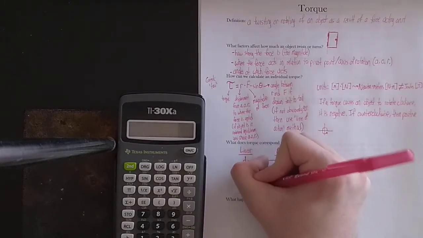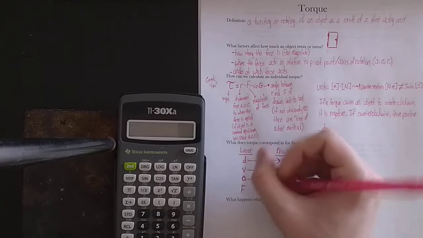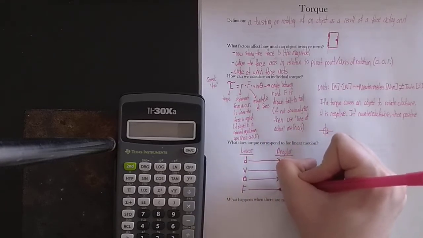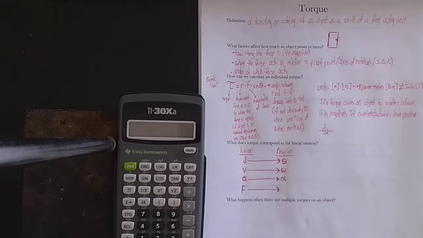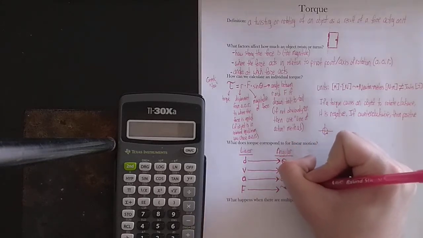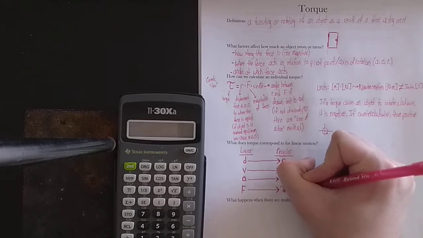And the new one: in order to figure out how big of an acceleration an object has, we do a sum of the forces. We find the net force on an object. In angular motion, in order to find the angular acceleration of an object, we don't find a net force, we find the net torque.